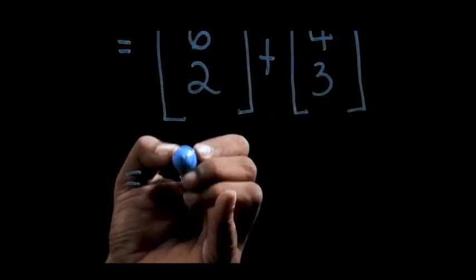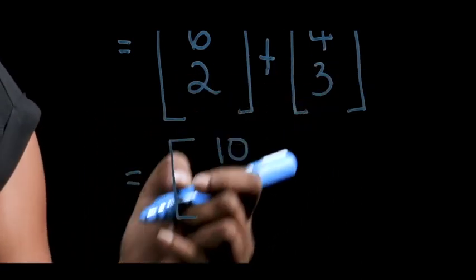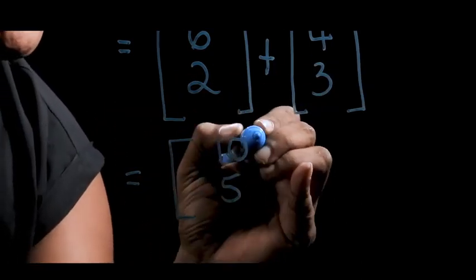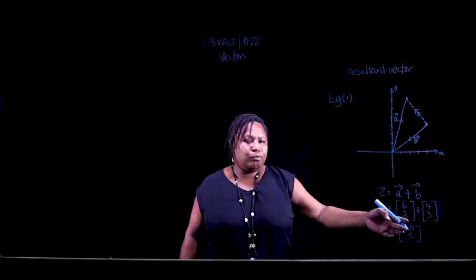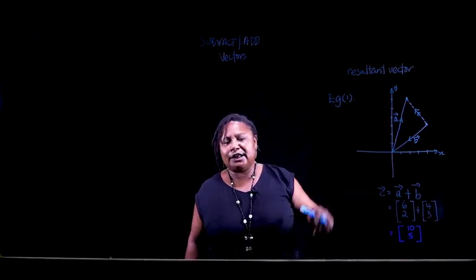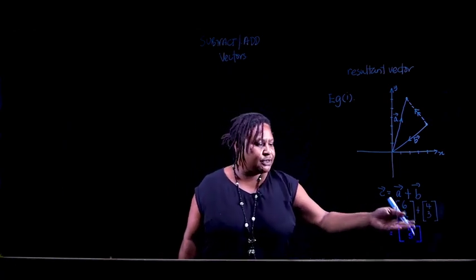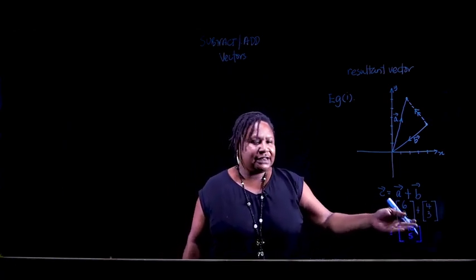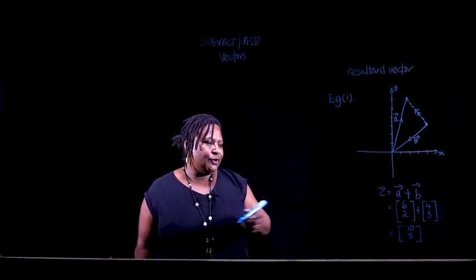So 6 plus 4 gives us 10, and 2 plus 3 gives us 5. Now that we have the x and y components of the resultant vector, we need to find the length and direction. We're going to use this resultant to find that length and direction.